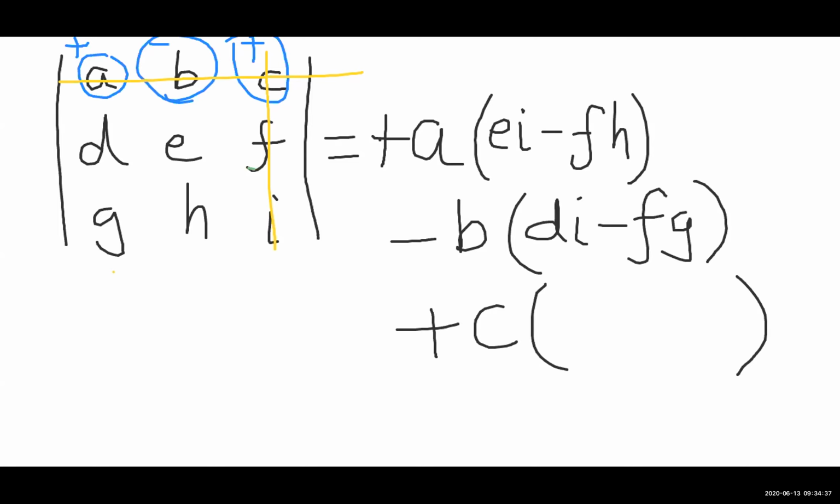Go to the top left hand corner of the 4 objects. Again, cross multiply and subtract. So you end up with DH minus EG. So this is the value of a 3 by 3 determinant, right?